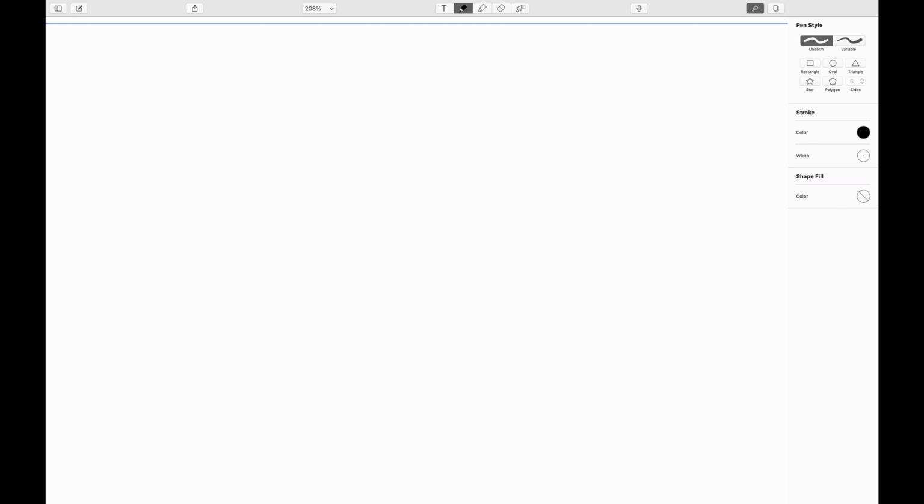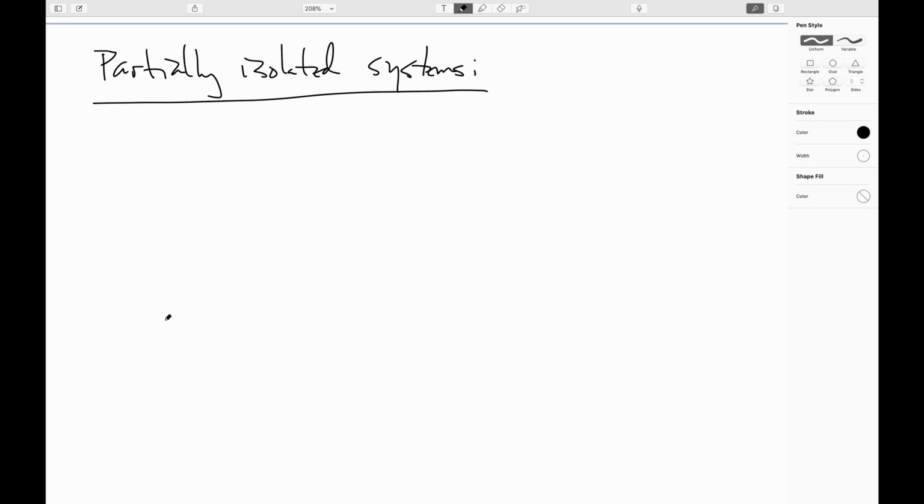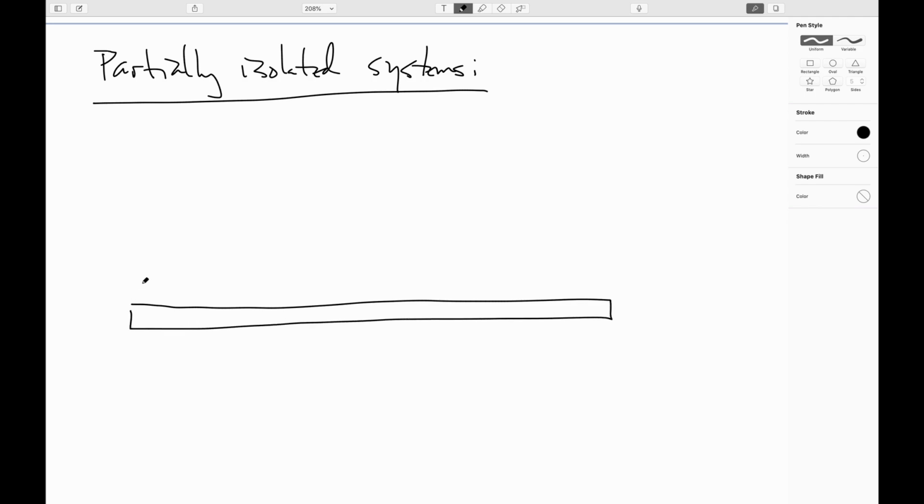Okay, so where I'm going to finish this out with is what we call partially isolated systems. So, as an example, let's say you've got a track here, and you've got a cart rolling along the track.